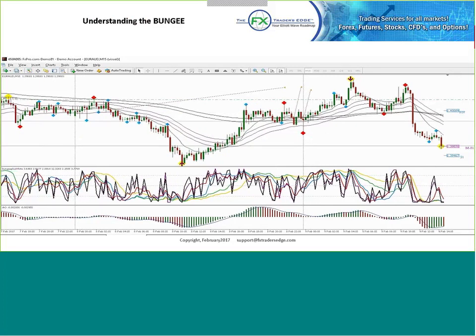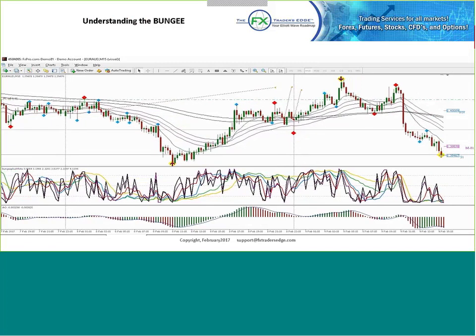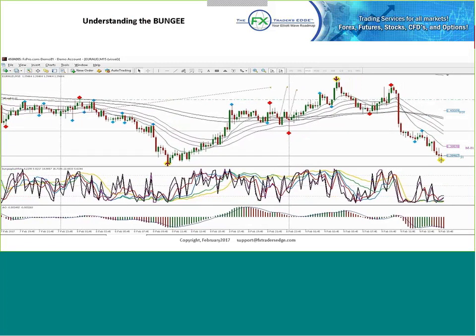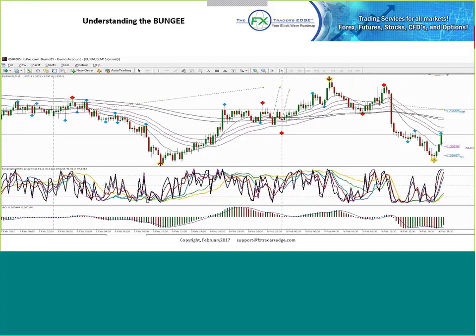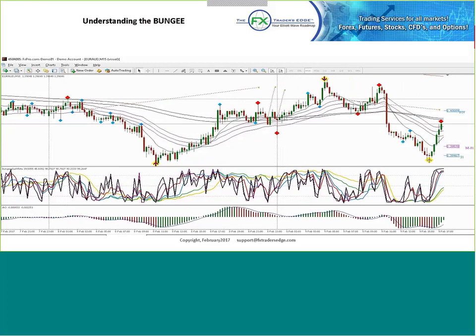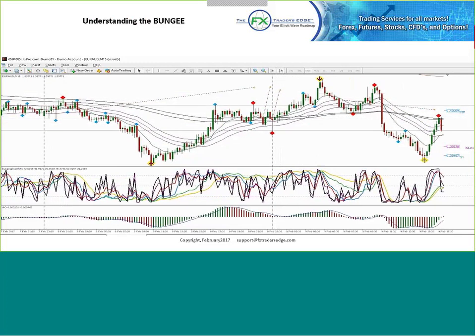If you got frightened out by this, which you would be forgiven for, you could re-enter here, and we're on our way down, and then we get a stretch away forming again involving the green. Now, the green's crossed the middle of the channel. Look here. So when we get a retrace, when we get a snapback down, we want to be out. This is telling us we want to be out.